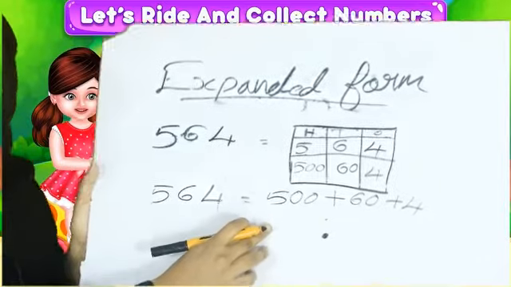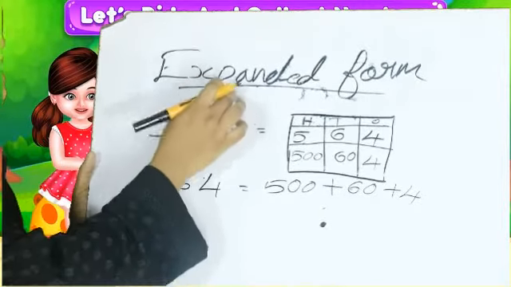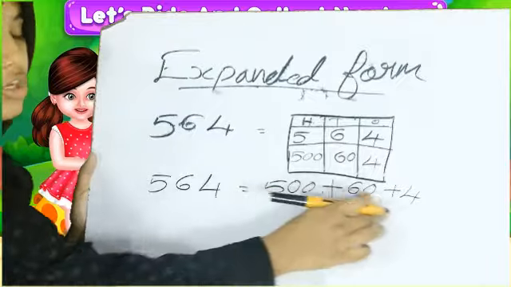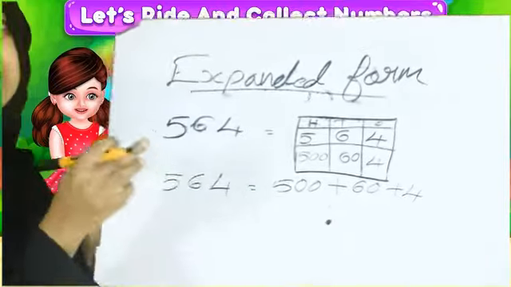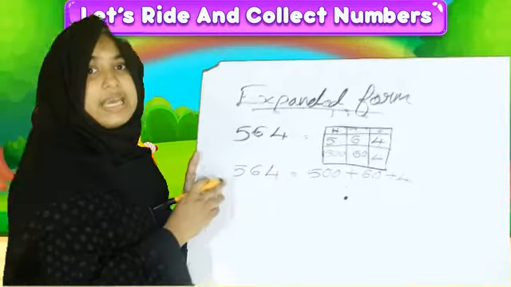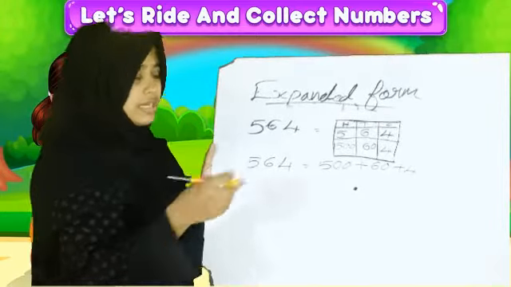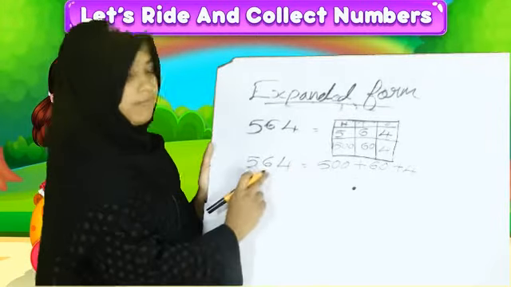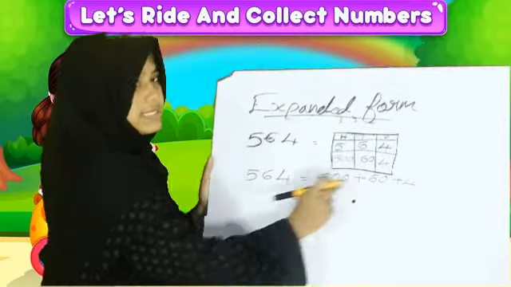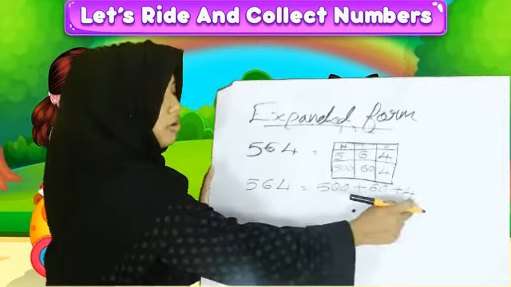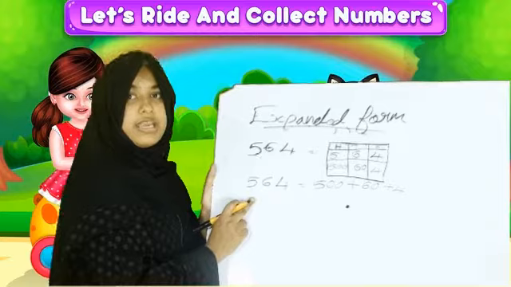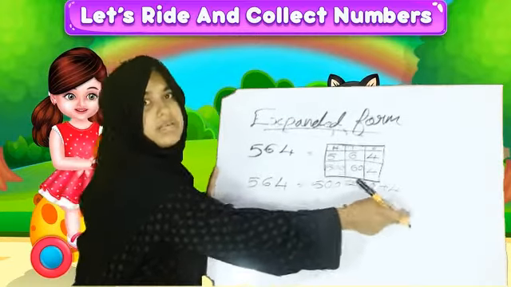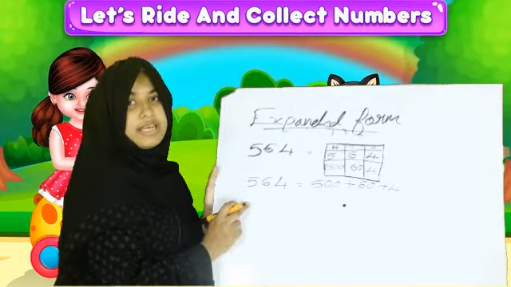Addition of the place values of its digits we call expanded form. What is the addition here? 500, then 6 tens 60, then 4 ones 4. Plus, 500 plus 60 plus 4 we get 564.